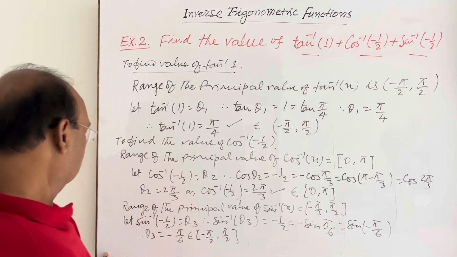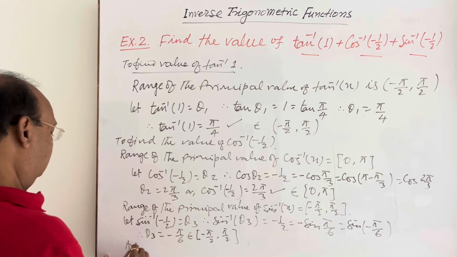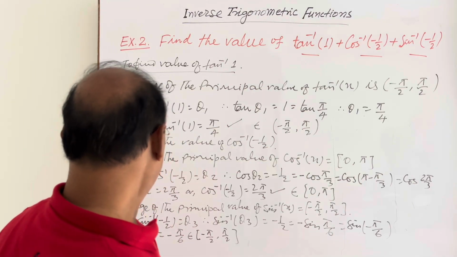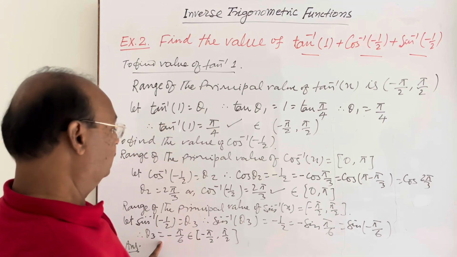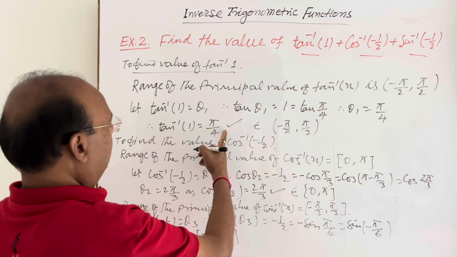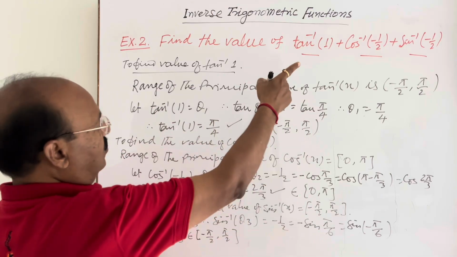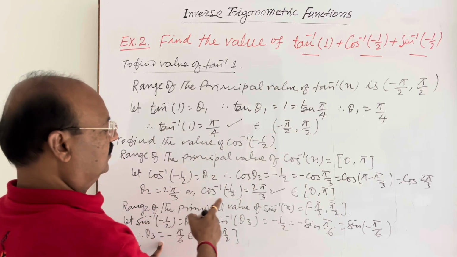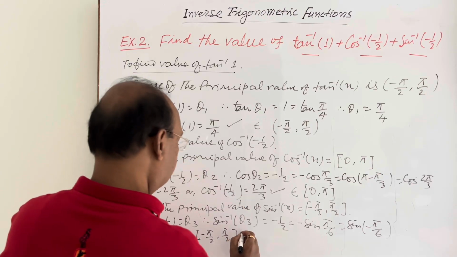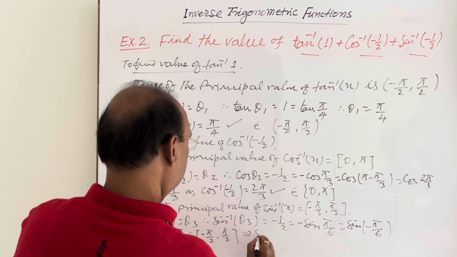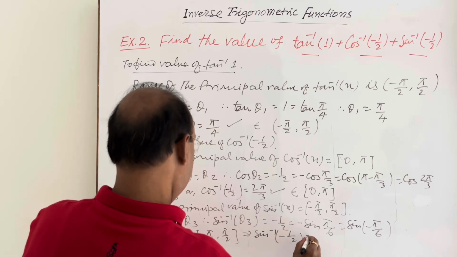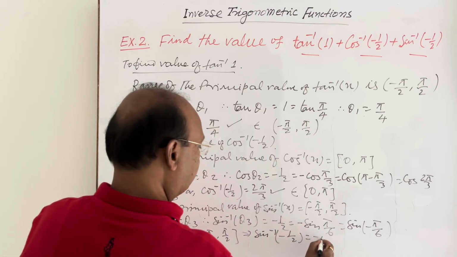So what is the answer here? We have to find out the sum of tan inverse of 1, that is pi by 4, cos inverse of minus half, that is 2 pi by 3, and sin inverse of minus half, which we found is minus pi by 6.